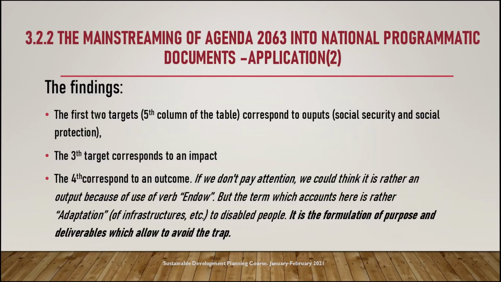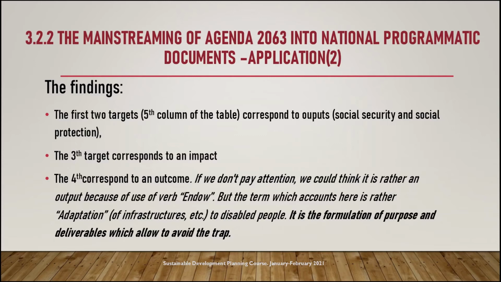And to see what the result level of each target is, we need first to formulate the finality. We need to formulate the purpose of each target and to formulate the deliverable of each target. So through the deliverable, we can recognize whether a target corresponds to an output, to an outcome, or to an impact.